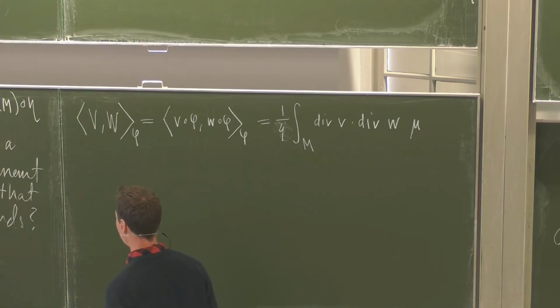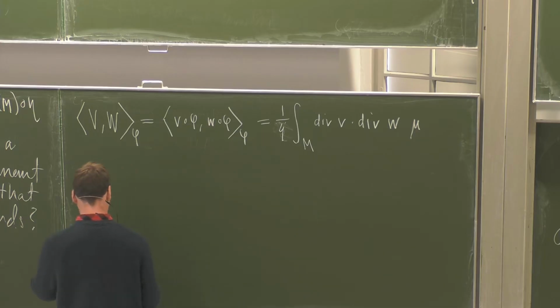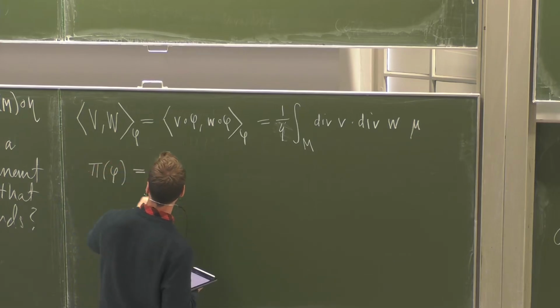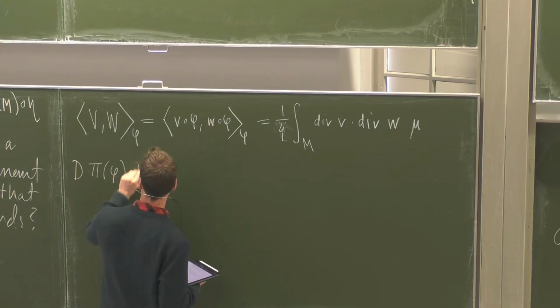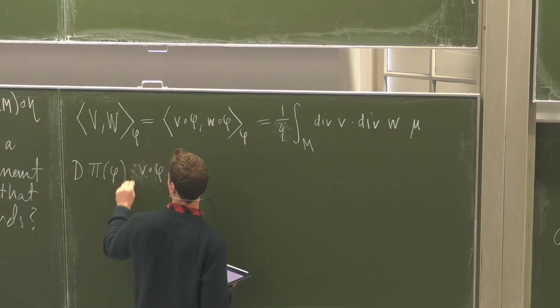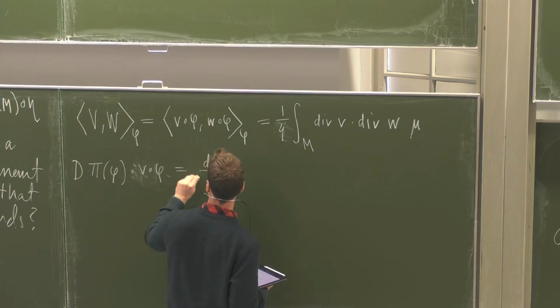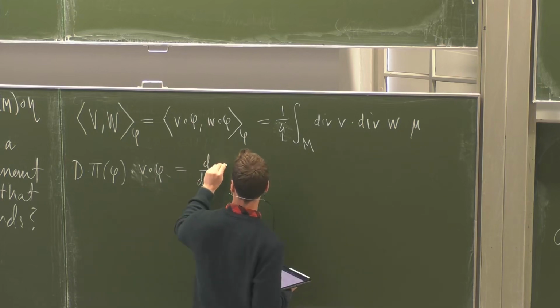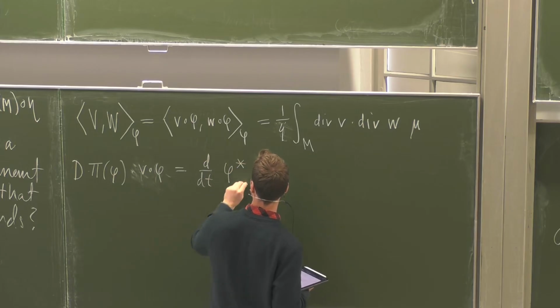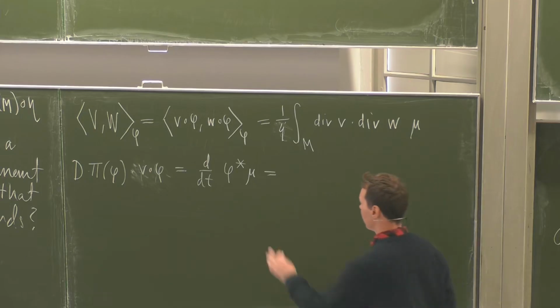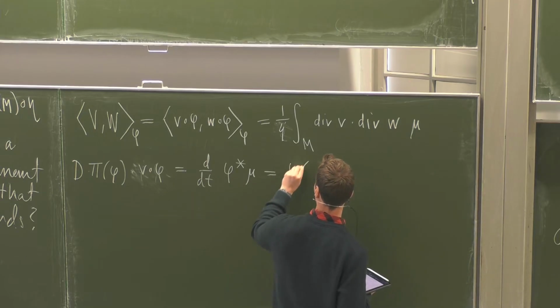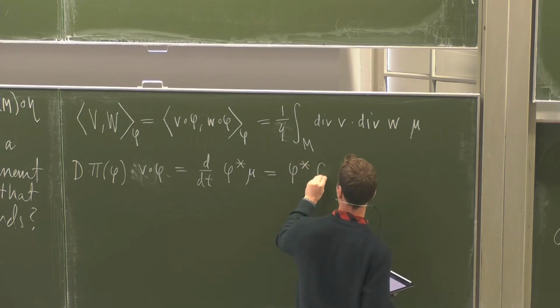So the first thing I want to do is, now we have the projection, I of phi is given now by pullback. So we want to compute the derivative. We do it the same way, d dt. Now we have pullback instead. Then what happens, there's no minus sign, and the diffeo comes on the outside, so it's going to be this Lie derivative v.